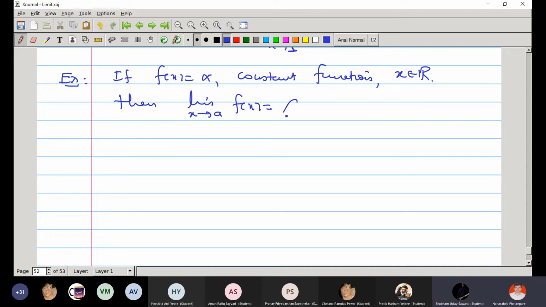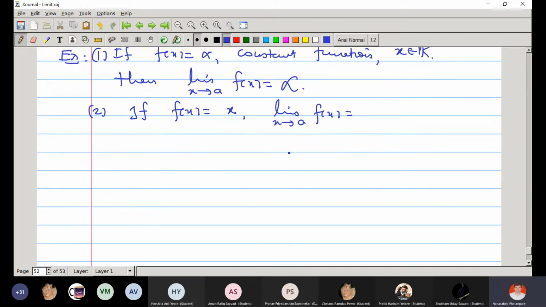The same constant number, right? Now if f(x) is equal to x, then what is the limit as x tends to a of f(x)? We have already proved this. What is it? It is a. Right.